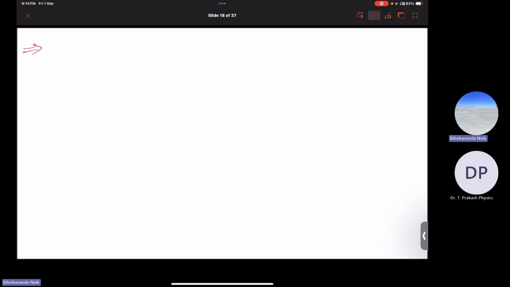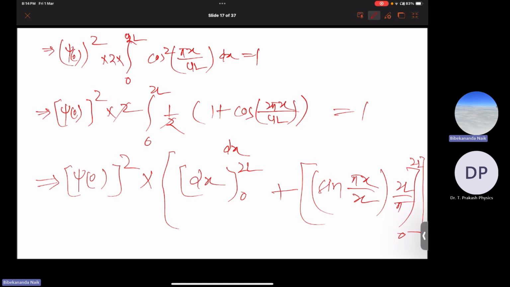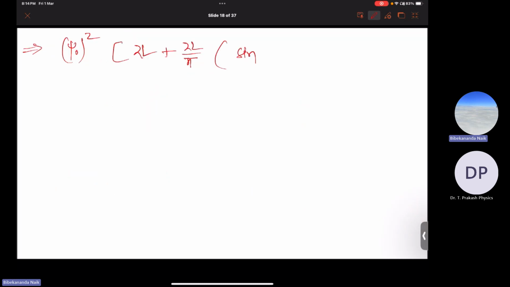So if you calculate, psi 0 square will be 2l minus 0, which is 2l, plus 2l by pi sine. Here we put 2l. If you put x equal to 2l, the 2l terms get cancelled out. It will be only sine pi, so sine pi minus sine 0.